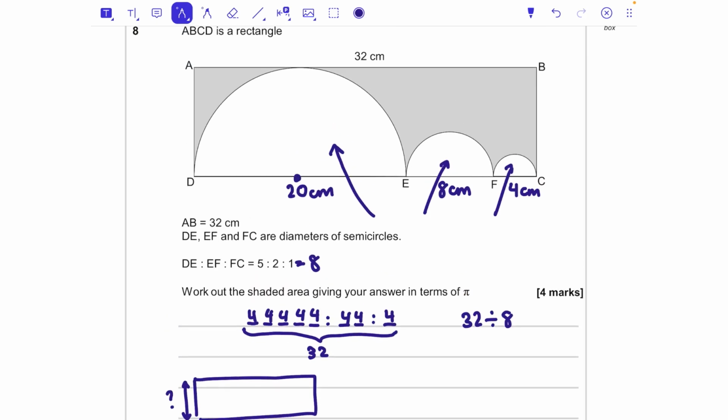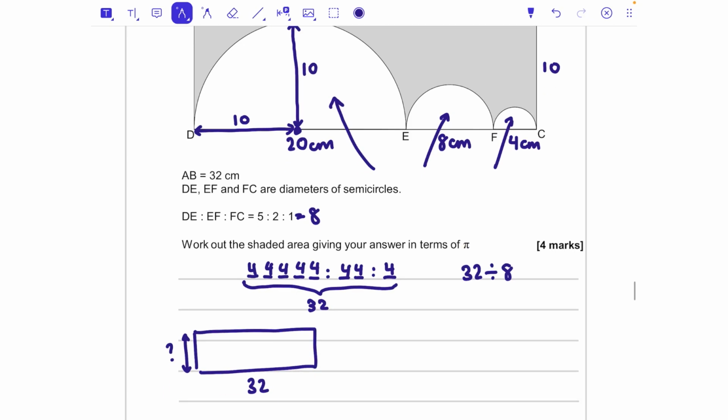So I know that this semicircle on the end has a radius of 10. It's 20 all the way across, it must be 10 to there. Now, because it's a semicircle, we also then know that it's 10 from the middle to the top going that way. So I now know that my rectangle must have a height of 10. So 32 times 10 means the entire area of that rectangle is 320 centimetres squared.